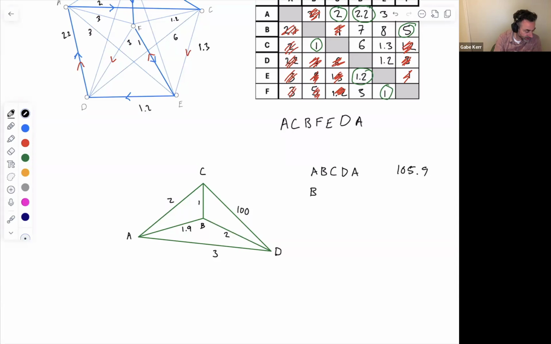So if we start at B instead, we'll find that we get kind of the same thing. Actually, not quite. We don't get the same problem.